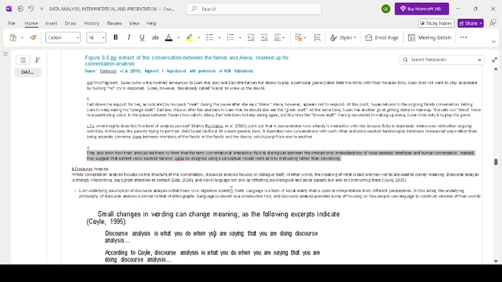They also show how their analysis led them to think that the term conversational interaction fails to distinguish between the interactional embeddedness of voice-assisted interfaces and human conversation. Instead, they suggest that current voice-assisted technologies be designed using a conceptual model more akin to instructing rather than conversing. So instead of conversing, why not instruct the conversation or lead the conversation?